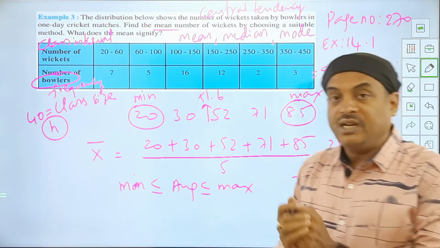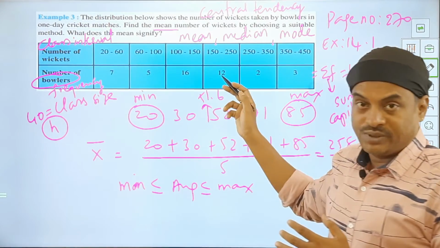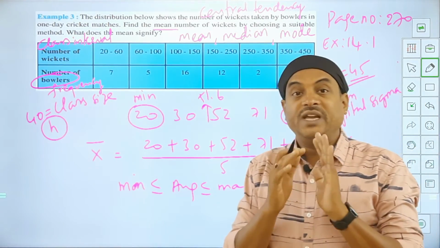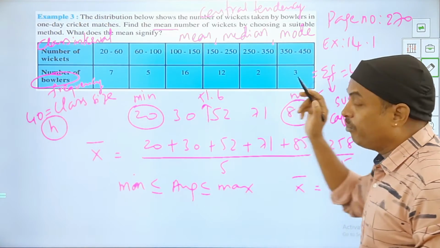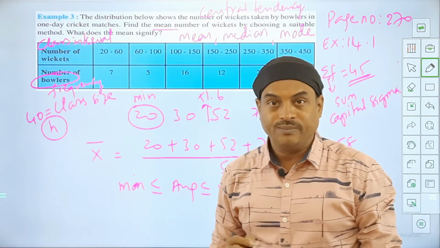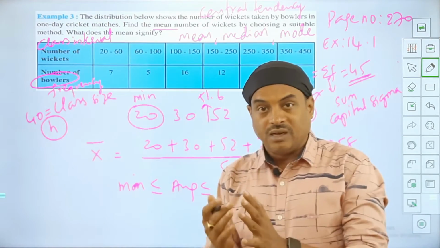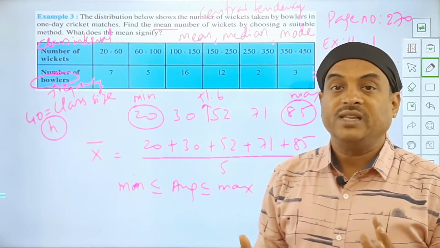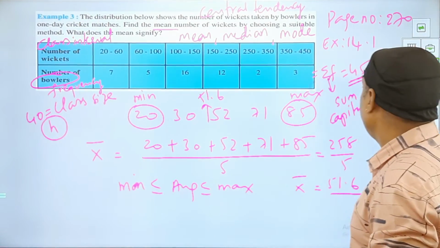So these are the 3 different methods in statistics, finding an average of these numbers. So that means the average number of wickets taken by 45 players or bowlers is what you are trying to find out. I repeat once again, this question is asking us to find the mean average number of wickets taken by 45 bowlers.